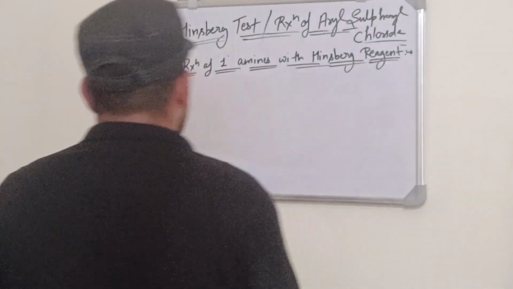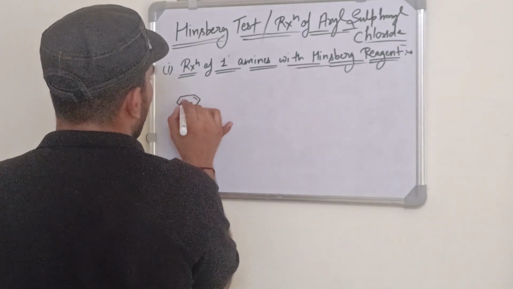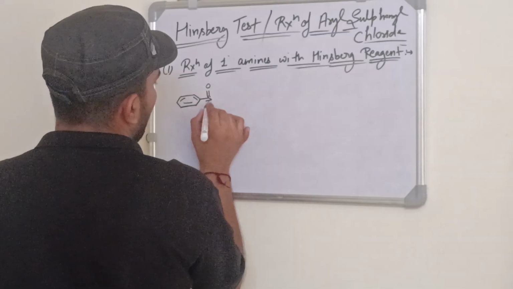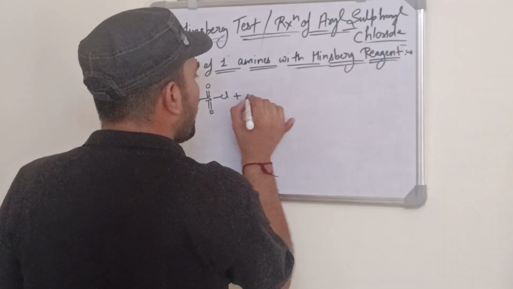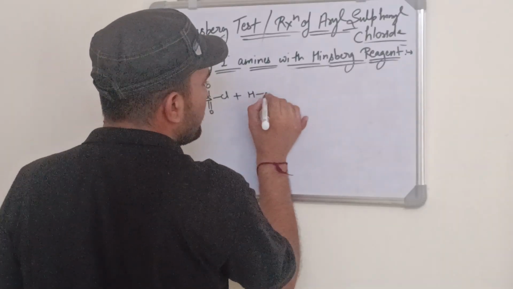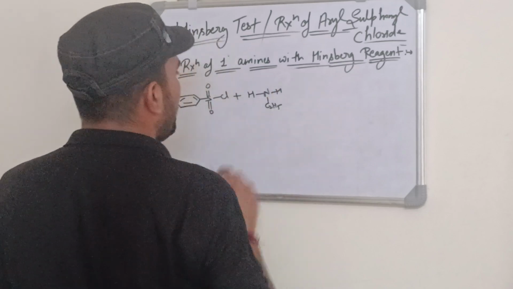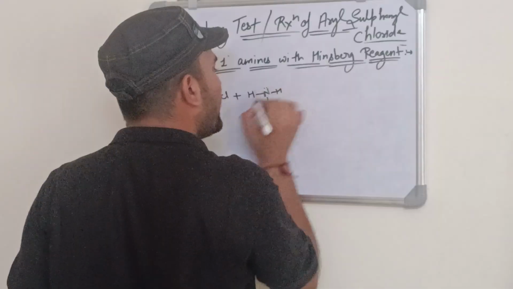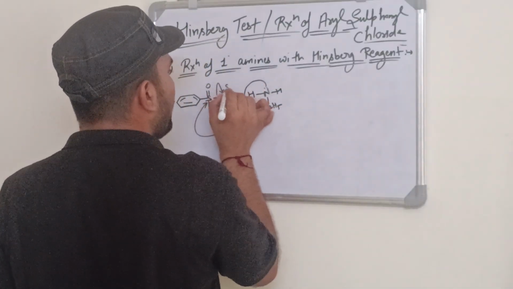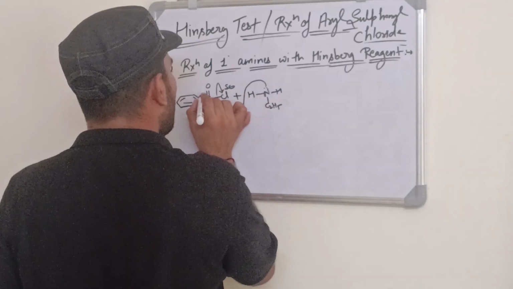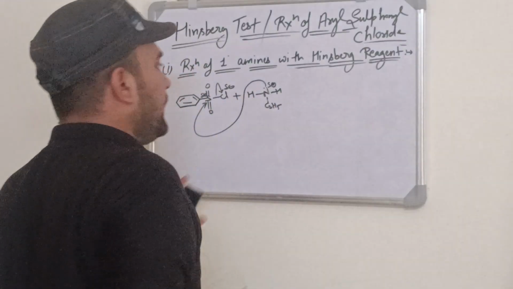Now suppose we have the Hinsberg reagent, and it reacts with a primary amine, that is C2H5 or H, this is the primary. Here a lone pair is present. This lone pair attacks the sulfur, and then the electrons shift to this side, so it attains partial negative, and here partial positive.